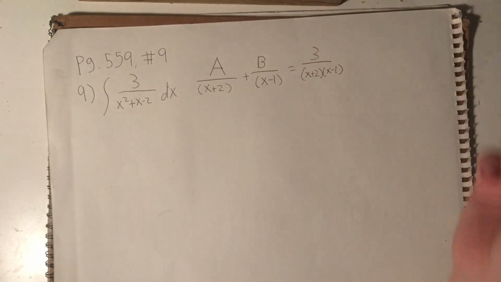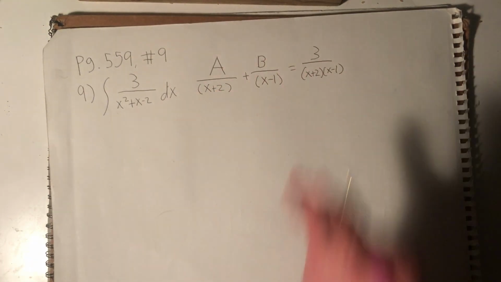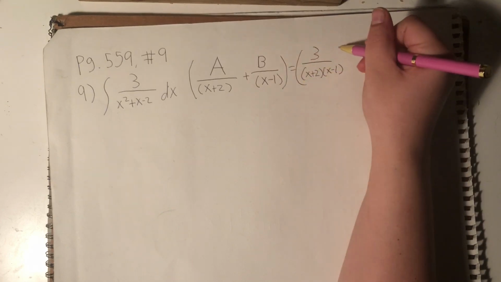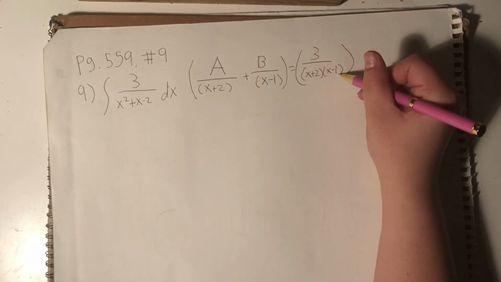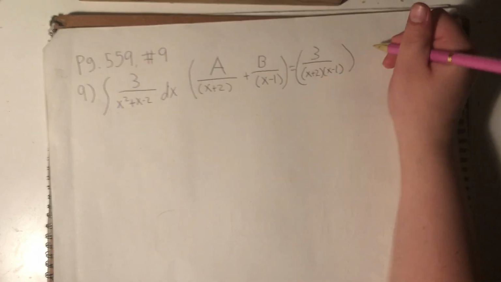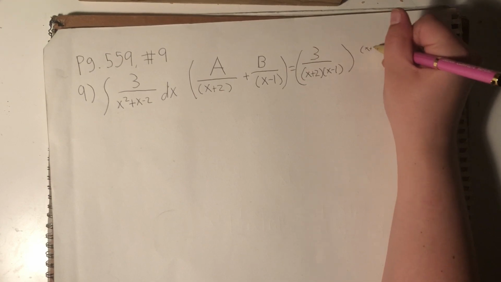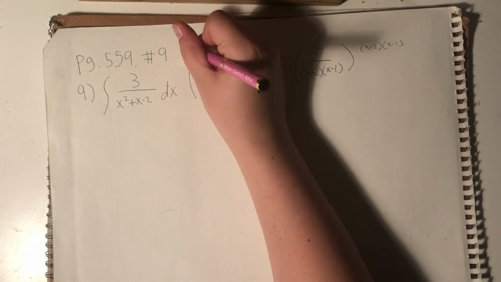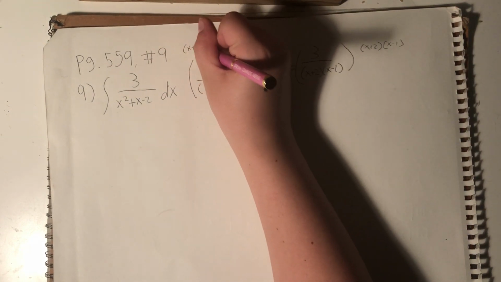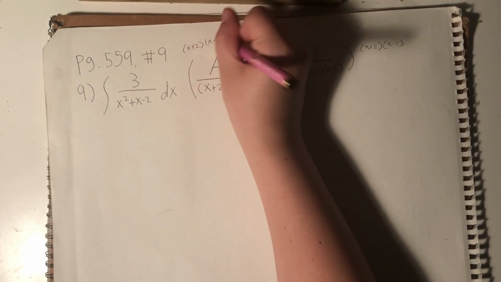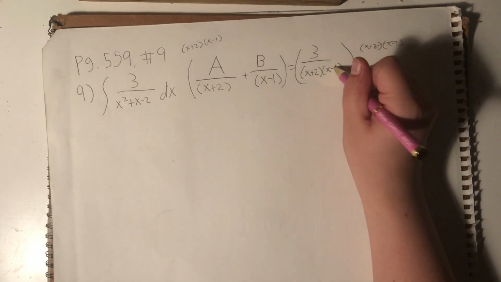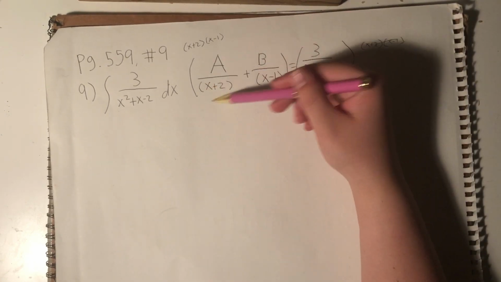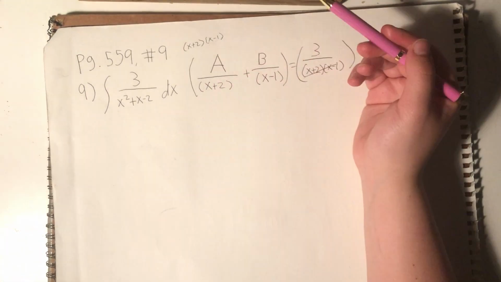Good. So in order to add these fractions, we have to have a common denominator. So what we'll do is multiply each side by x plus 2 and x minus 1, because that's our common denominator. All right, so these cancel. And for A, we already have that x plus 2, but we need that x minus 1.